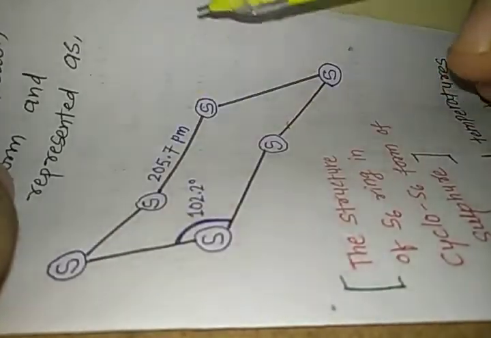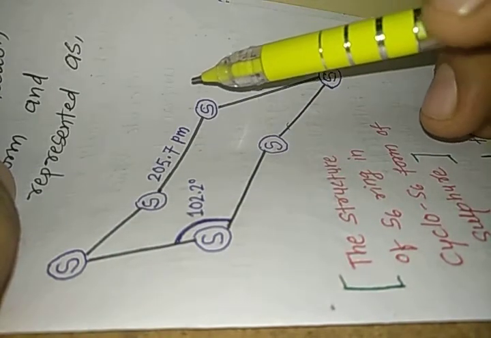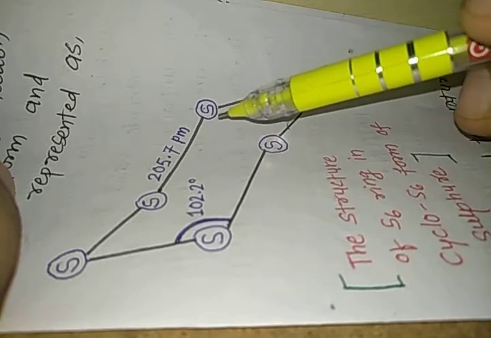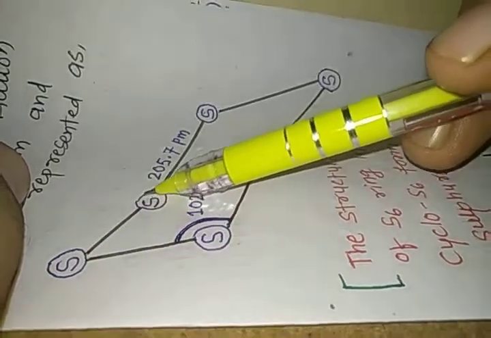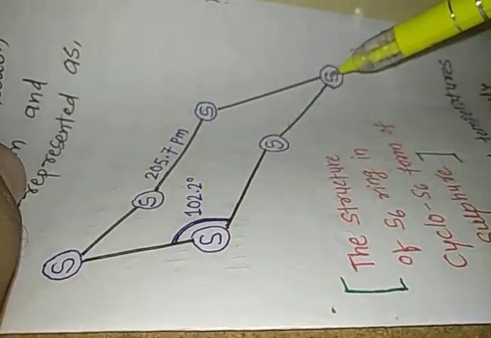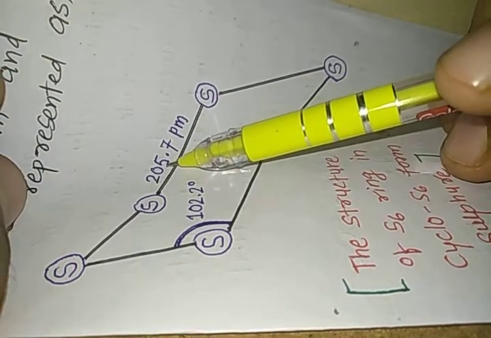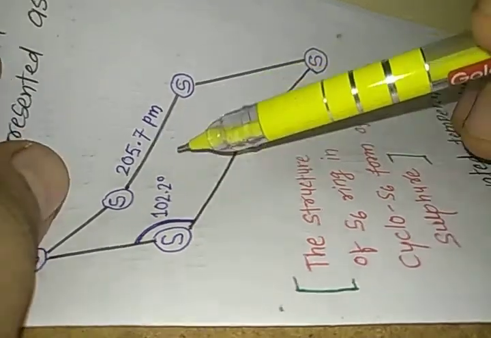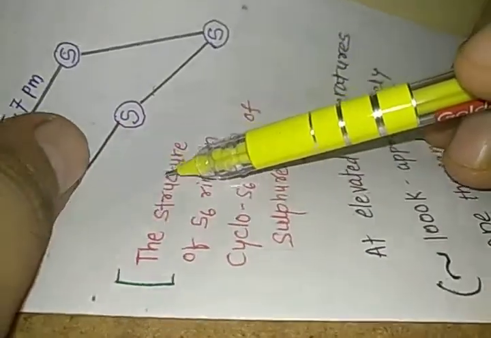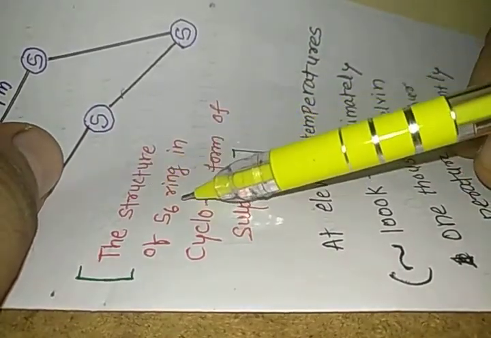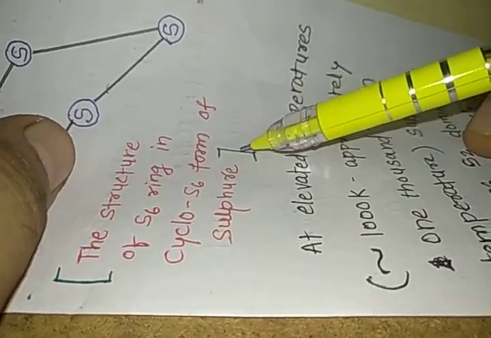You can see from the picture itself that it is a chair-like structure, in which 1, 2, 3, 4, 5 and 6 sulfur atoms are present. The bond length is 205.7 picometer and the bond angle is 102.2 degrees. This is the structure of the S6 ring in the Cyclo S6 form of sulfur.